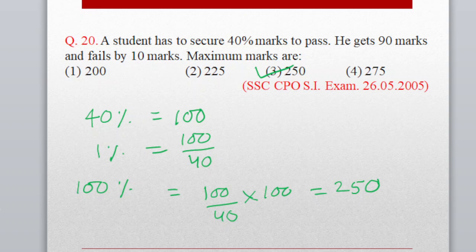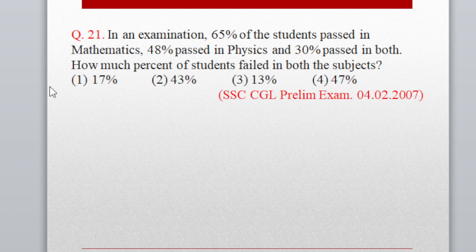Now next question, that is question number 21. In an examination, 65% of the students passed in mathematics, 48% passed in physics and 30% passed in both. How much percent of students failed in both the subjects?